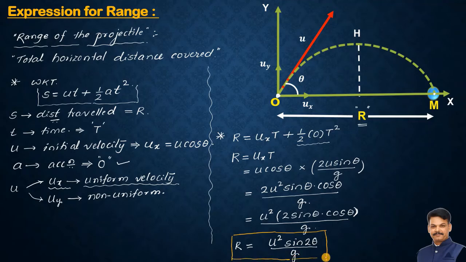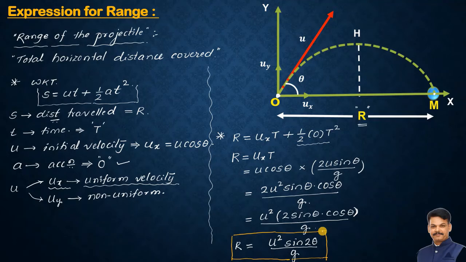A very important equation. Now, when you look at this equation, you will come to know on what factors the range depends. Okay, how much distance will be covered by that projectile depends upon all these factors. See, it depends upon the initial velocity. If the initial velocity is more, if you throw with very high velocity, then it covers the larger distance, right? So it also depends upon the angle of projection.